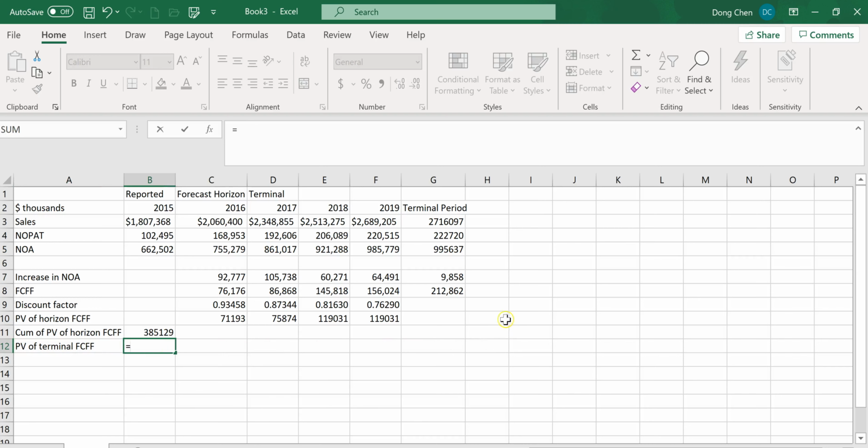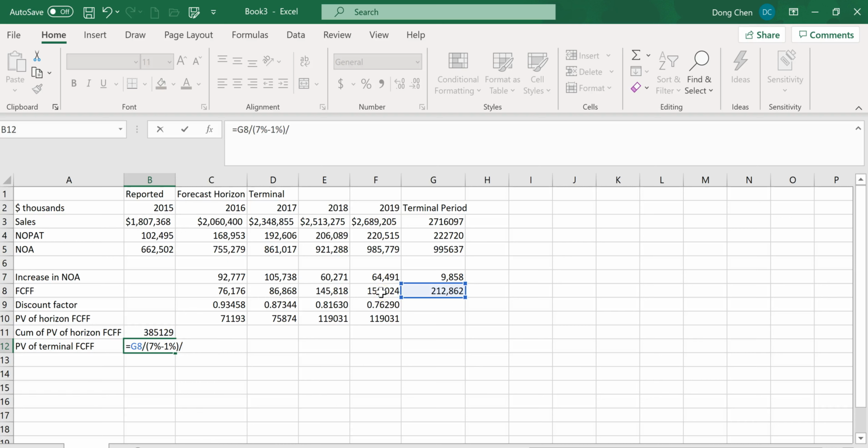This part requires us to be very, very careful. We're going to be using the FCFF of the terminal period divided by the discount rate, 7%, minus the growth rate of the terminal period, which is 1%. But remember, the present value we calculated so far is based on 2019.